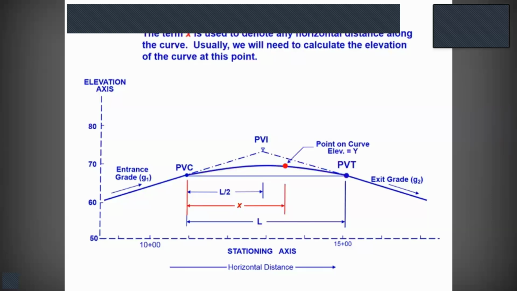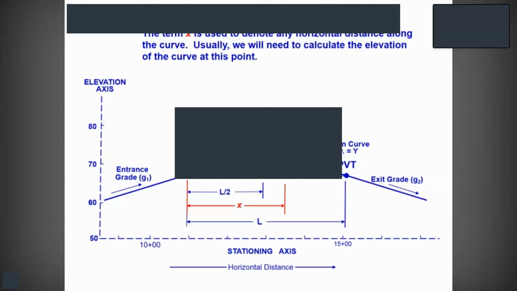We use the term x to denote any horizontal distance along the curve. So x can be as small as 0, which would align with the point of the PVC, or as long as L, which is the full length of the curve, which would correspond to the PVT. And usually we're looking for the elevation of the curve at the point X. So X is typically some point of interest in the analysis.